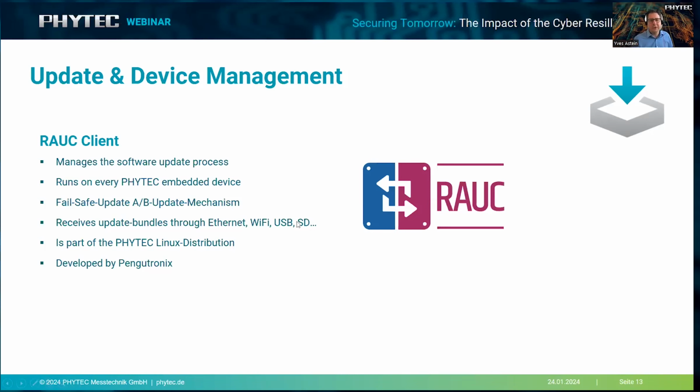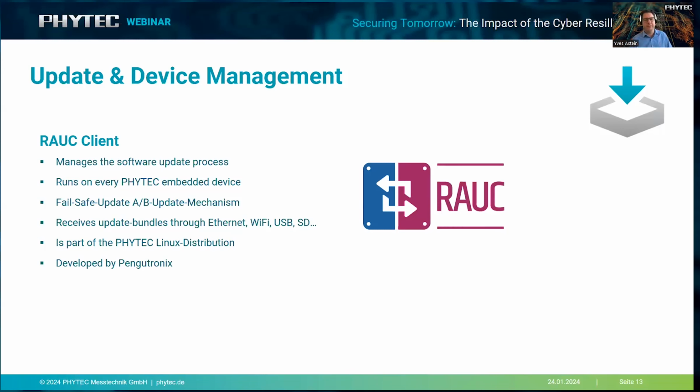Now, Rauk also enables you to not just update your devices remotely, but also locally using a USB stick or an SD card. You just insert the USB stick into the device, and if Rauk finds a signed update bundle, it needs to be signed, or we recommend to sign it, and identifies that this is a valid update bundle that should be installed onto the device, then it will do this.